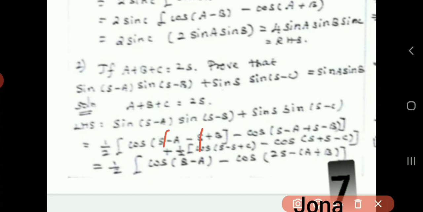The remaining thing is cos of B minus A.